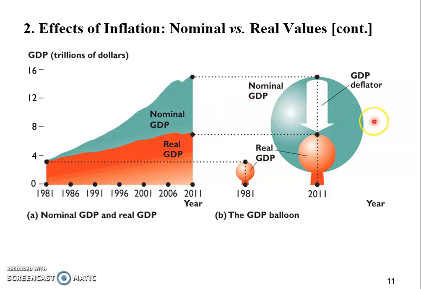On your right-hand side, we use a different way, a balloon, to show you that. Once again, the bigger one is the nominal GDP, and the smaller orange one is the real GDP. The orange one is smaller simply because we already squeezed out the inflation.